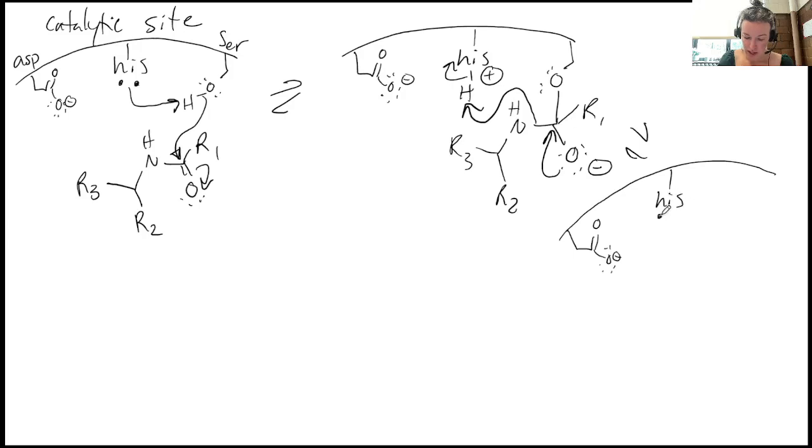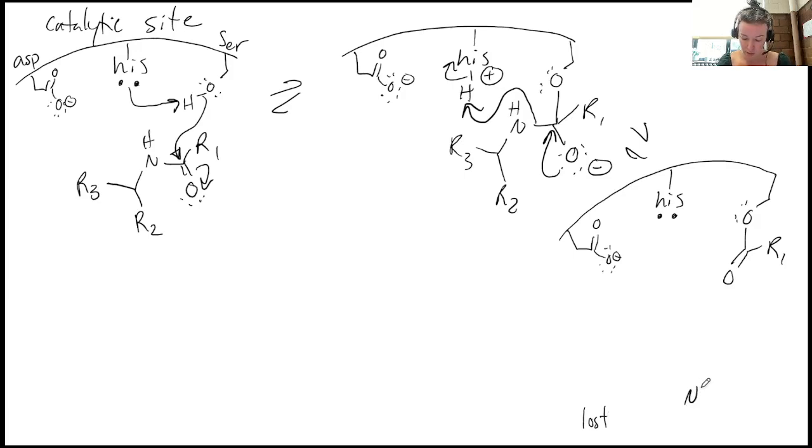Histidine was deprotonated, so we are back to having a lone pair. Serine is still participating in this covalent bond with our carbonyl carbon. But now what you see is that we have lost part of this peptide that came in.